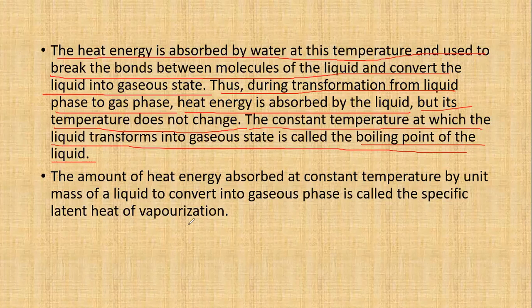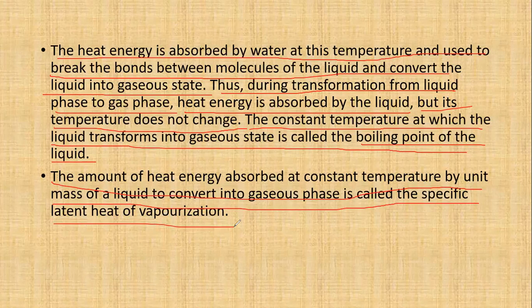Then the amount of heat energy absorbed at a constant temperature by unit mass of liquid to convert into gaseous phase is called the specific latent heat of vaporization, because it is absorbed at constant temperature by unit mass of liquid to convert into gaseous phase.